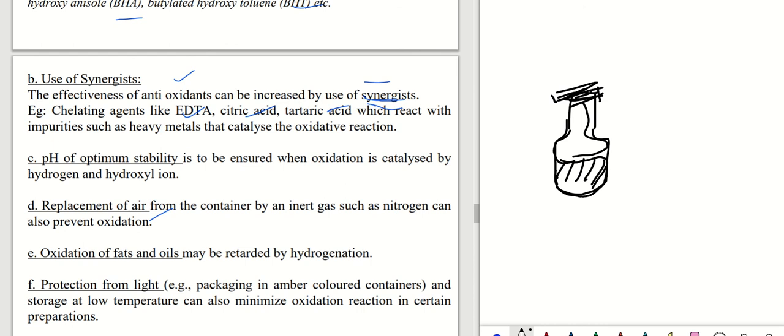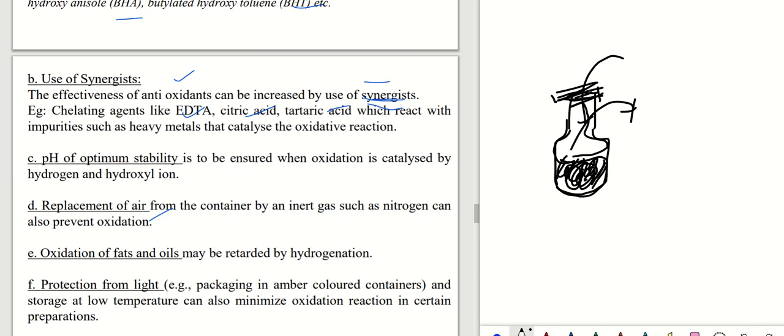So if we take out the oxygen by vacuum and fill with some inert gas, we are preventing the oxidation, right? We are protecting this drug from being oxidized. So replacement of air by any inert gas will improve or protect the drug.